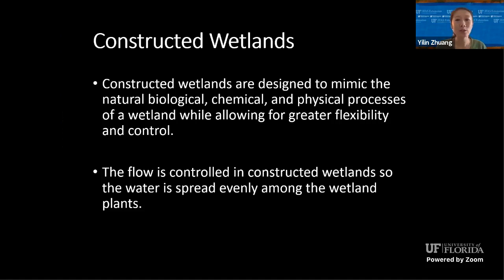Constructed wetlands are designed to mimic the natural biological, chemical, and physical processes of a wetland while allowing for greater flexibility and control. Constructed wetlands can provide some or all of the function of secondary and tertiary treatment. In the next slide, I will show you what secondary and tertiary treatment is.